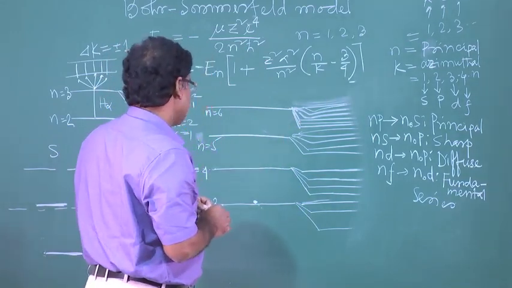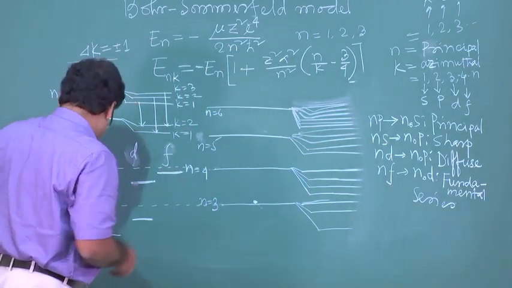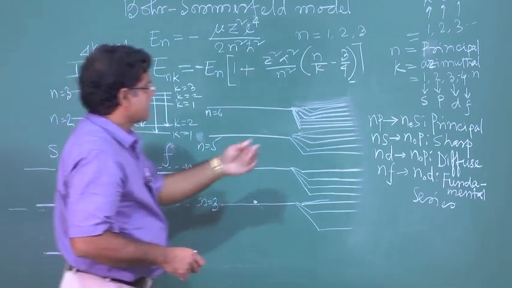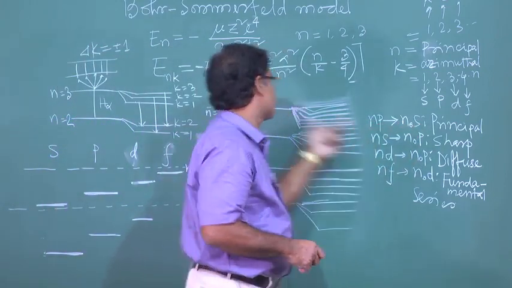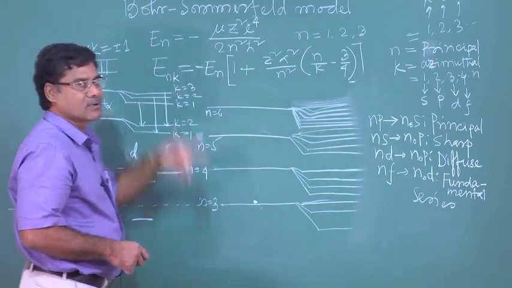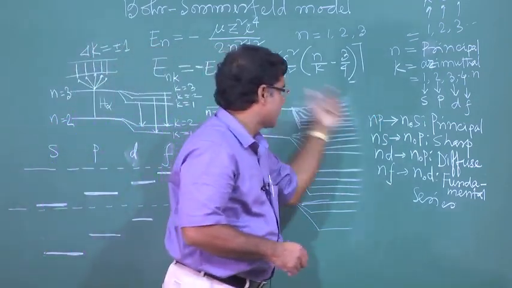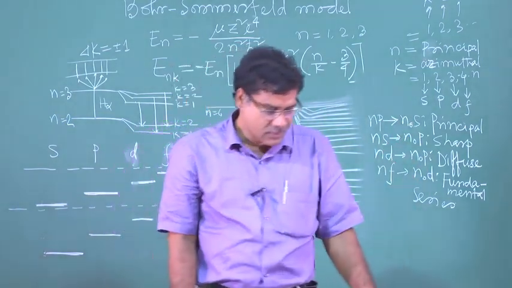So, this P to S, or S to P, because of the selection rule del K equal to plus minus 1, only these transitions are allowed.